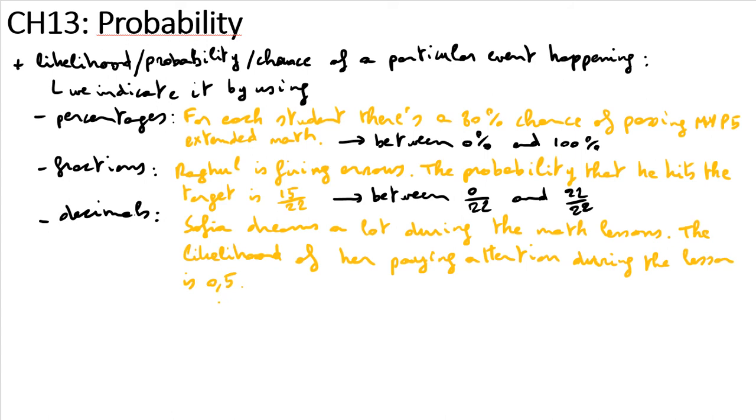So in this case, we expressed it as a decimal. And when we express it as a decimal, it has to be always between 0 and 1.